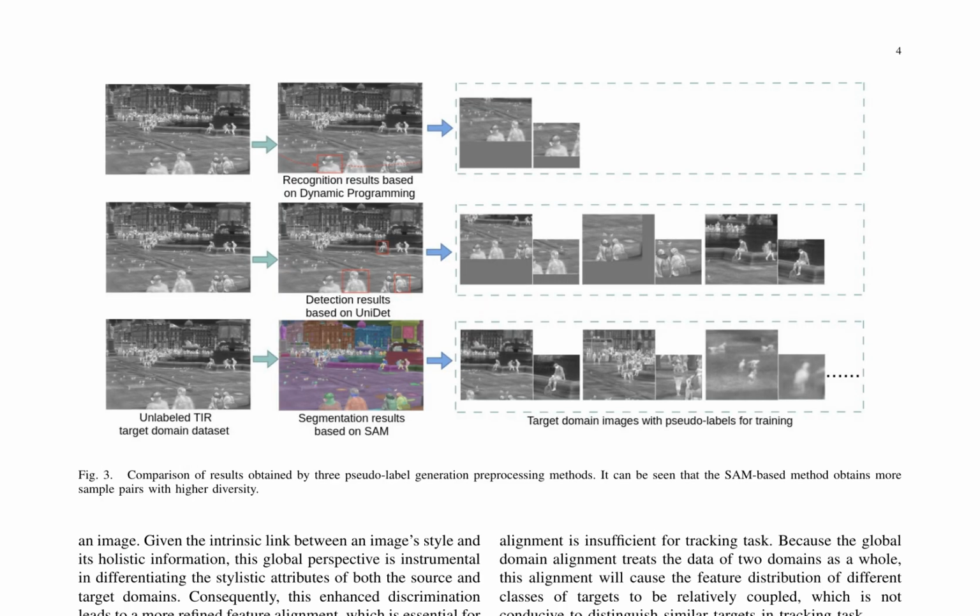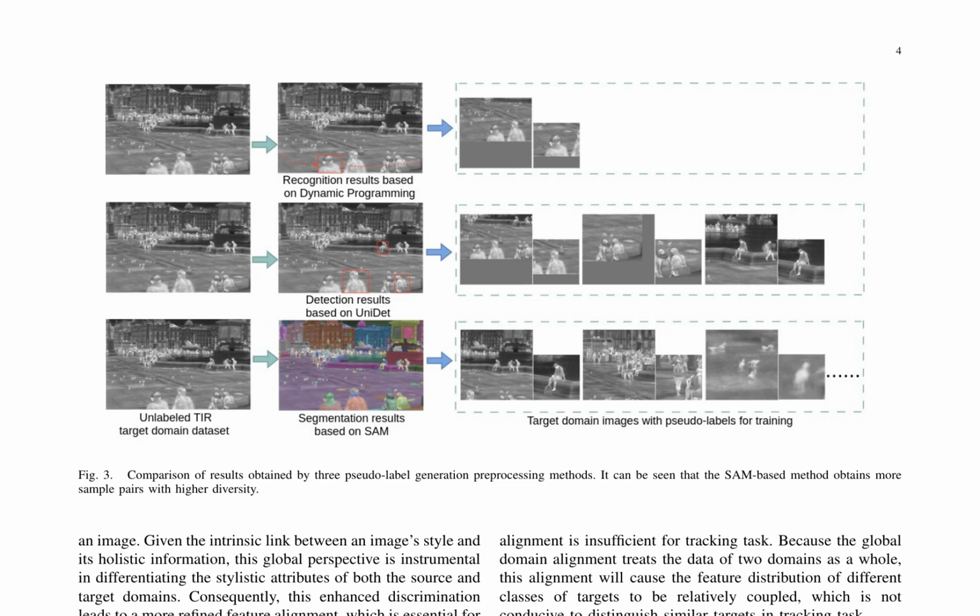The authors compared three pseudo-label generation preprocessing methods in Figure 3, demonstrating the superiority of the style-aware margin (SAM)-based method in generating sample pairs with higher diversity. To achieve effective domain adaptation, they propose a style discriminator that captures the global dependence among features, enhancing the discrimination of stylistic attributes between source and target domains.